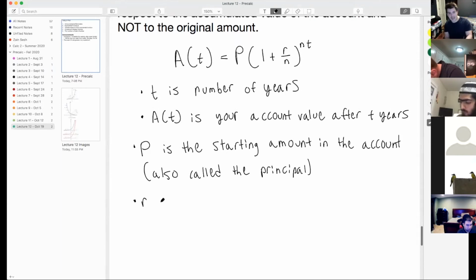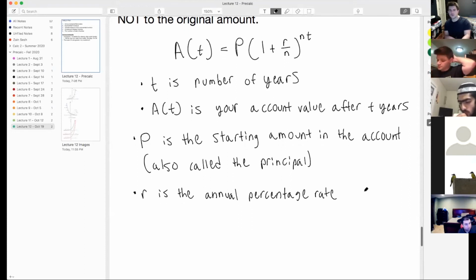r is the annual percentage rate, and that's usually written as an acronym as APR. I've seen this acronym used in car commercials and stuff, like, oh, it has a low APR, and I was like, oh, okay, so that's what that means.